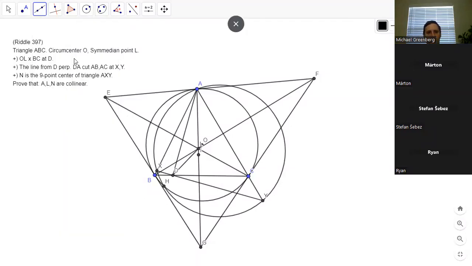Okay, so I don't think AD and H are collinear like I thought they were, but now I see they're not.